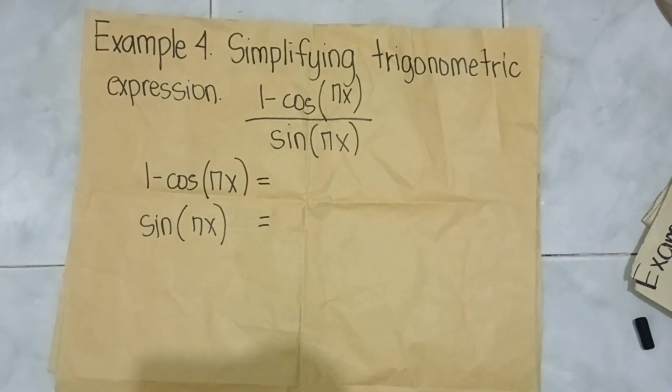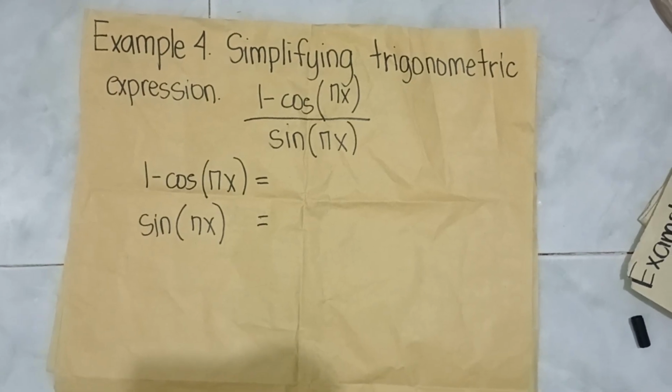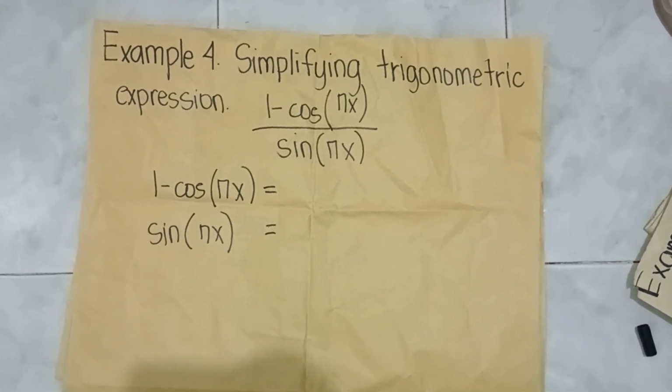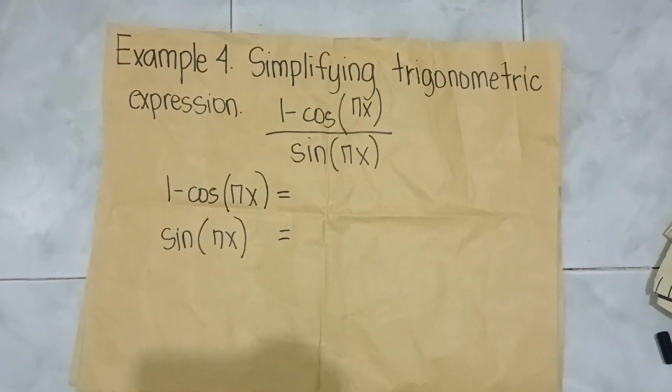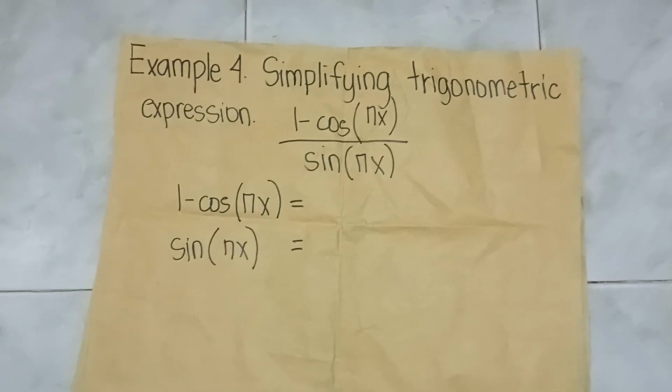Example number 4. Simplifying a trigonometric expression using the half-angle formula. First, simplify the trigonometric expression to a more recognizable formula. So, we're going to use the power reduction formula in the numerator.